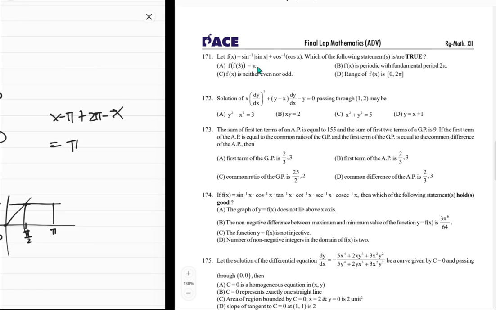I have no idea, man, what is going on here? Okay, this is still pi, and then it goes on till 3 pi by 2, and now it will change, right? Now from 3 pi by 2 to 2 pi we are going, so the fourth quadrant, it's sine inverse of sine, like negative x actually, so it's like 2 pi minus x, yeah, exactly, 2 pi minus x. If it were only sine inverse of sine x it would be x minus 2 pi, but now it will be 2 pi minus x, so 2 pi minus x plus, okay, cosine inverse of cosine x. So what will cosine x be? It's negative, no it's actually positive, and yeah, we just want the first quadrant, so this too in fact becomes 2 pi minus x, so it's also just 2 pi minus x. So oh wow, this is very weird.